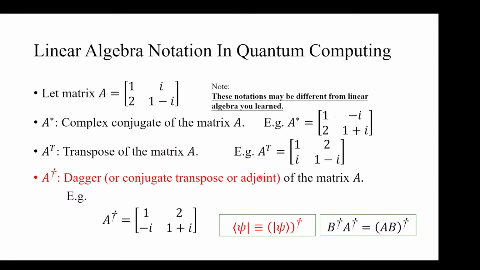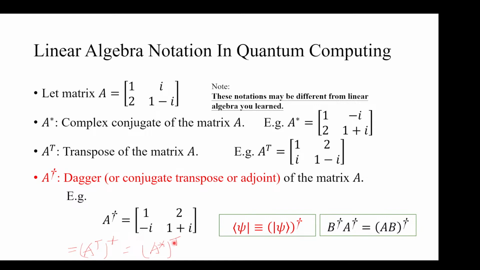It's the same. Let's write it here. A dagger: you do transpose first, then the conjugation. So it's 1, 2, then i becomes minus i, and 1 minus i becomes 1 plus i. So A dagger equals A transpose star equals A star transpose.